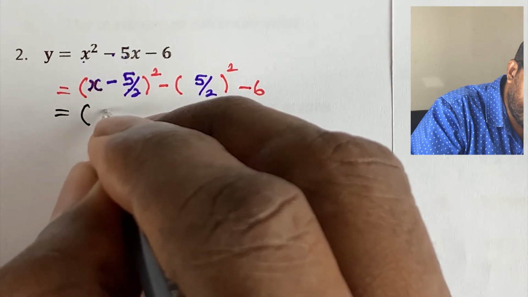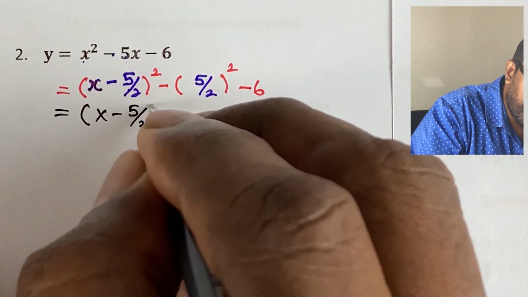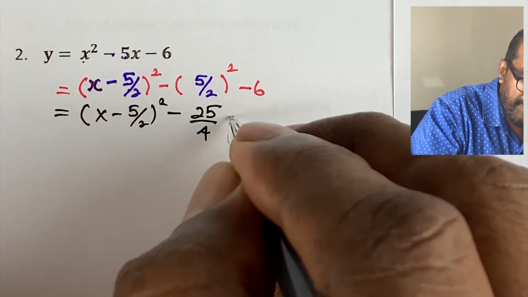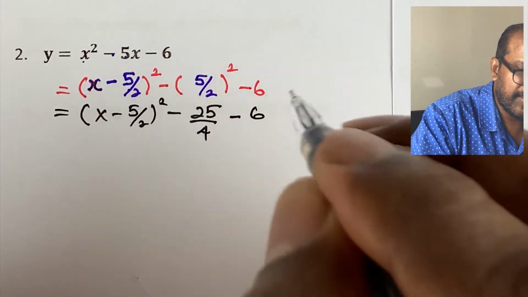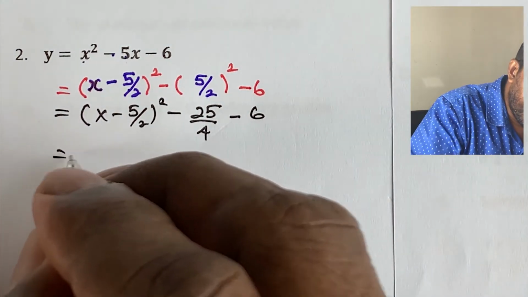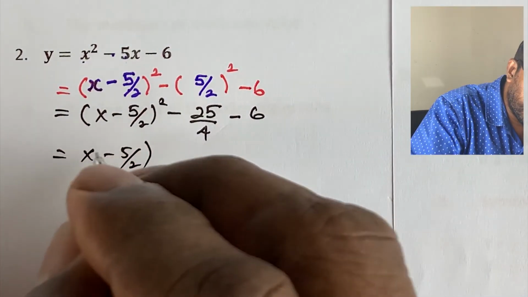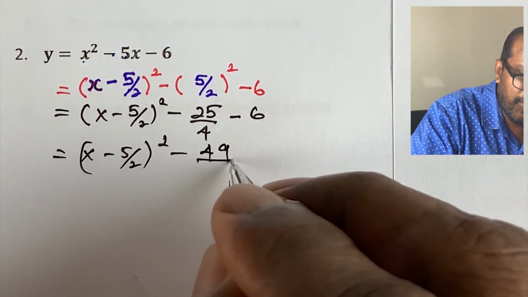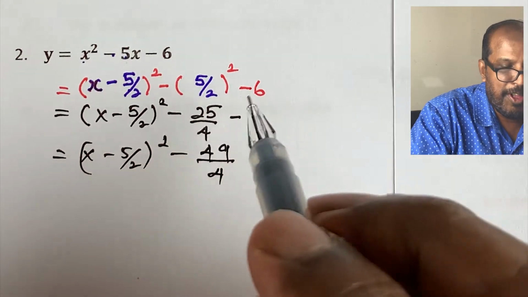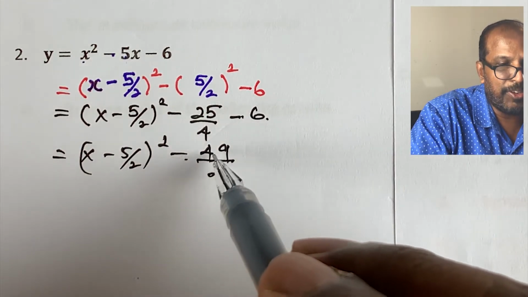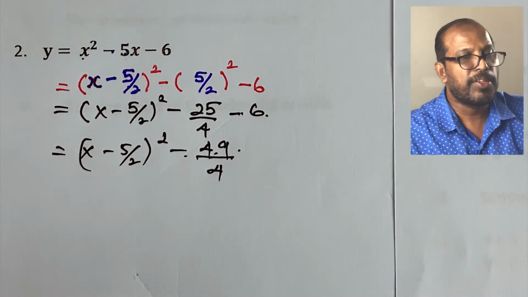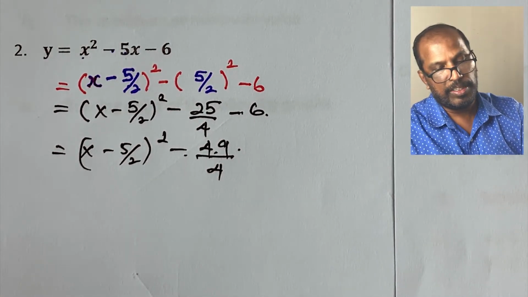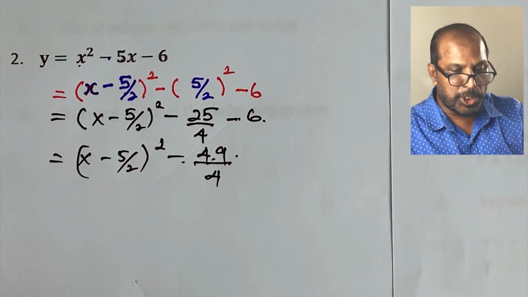This equals bracket x minus 5 over 2 squared minus 25 over 4 minus 6. Then you get x minus 5 over 2 squared minus 49 over 4, since negative 25 over 4 minus 6 is minus 49 over 4. Now we have completed the question. So now we go to model 2.